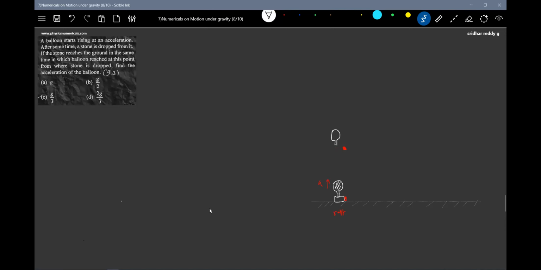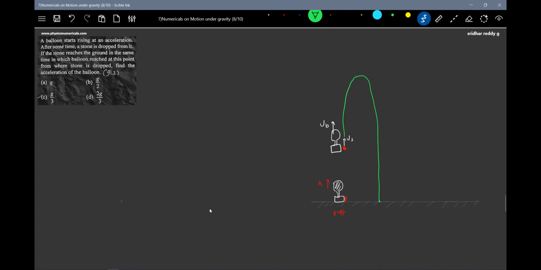No, no. As it is released there, it will have the velocity of the balloon. With whatever velocity the balloon was moving, the stone will move with the same velocity. The stone reaches the ground in the same interval of time in which the balloon reached this particular point.